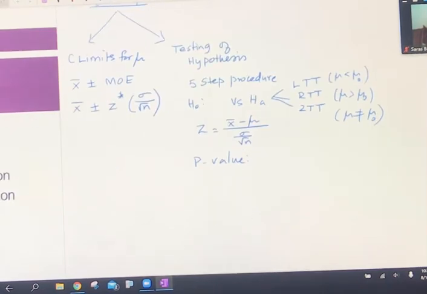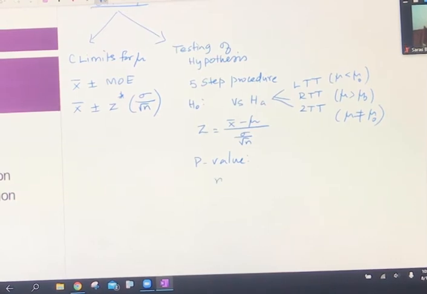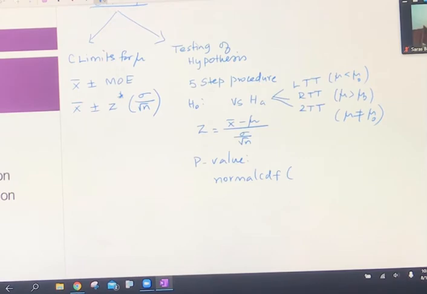And then the p-value has three ways to do that, using the normal CDF. If it is a left tail test, it's normal CDF of negative 8 comma your z-score value. If it is a right tail test, it's normal CDF of z-score comma positive 8, my favorite number.